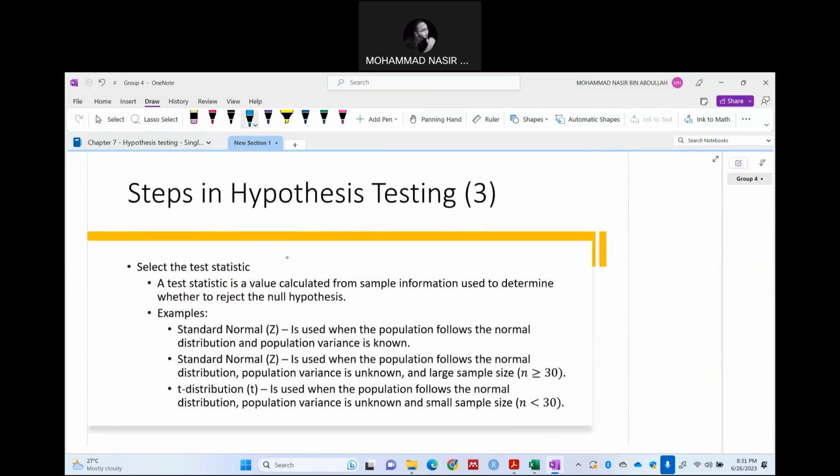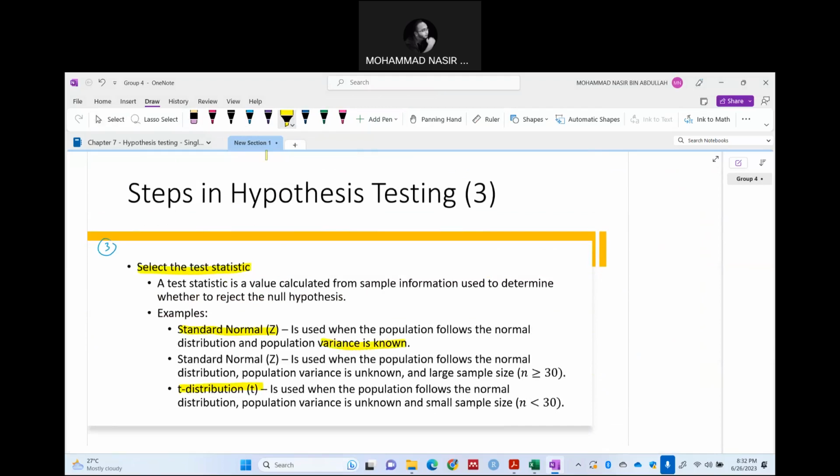Step number 3, we select the statistical test, which is the test statistic. In our topic, we will look into the standard normal distribution and the T distribution. In the standard normal distribution, we will look into when the population is normally distributed and the variance is known.